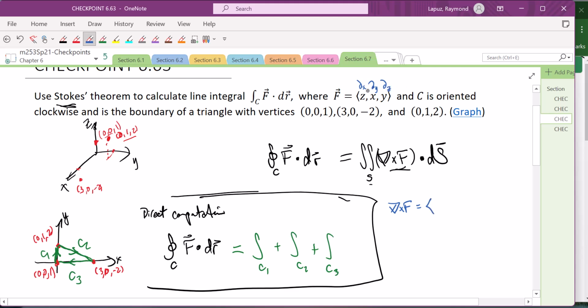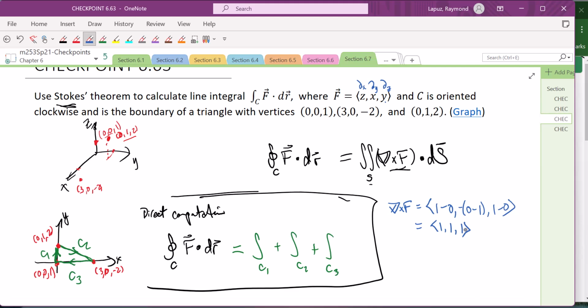With respect to x, we get the derivative of y with respect to y minus the derivative of x with respect to z, and then the middle term will get a built-in negative sign, the derivative of y with respect to x minus the derivative of z with respect to z, and then the last component is the derivative of x with respect to x and the derivative of z with respect to y. So I think this turns out to be a constant vector, which is great. So this curl is just 1, 1, 1.